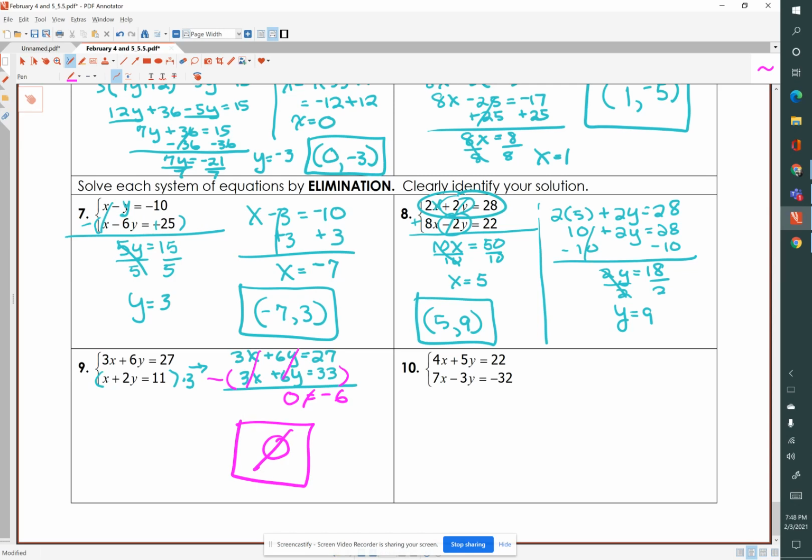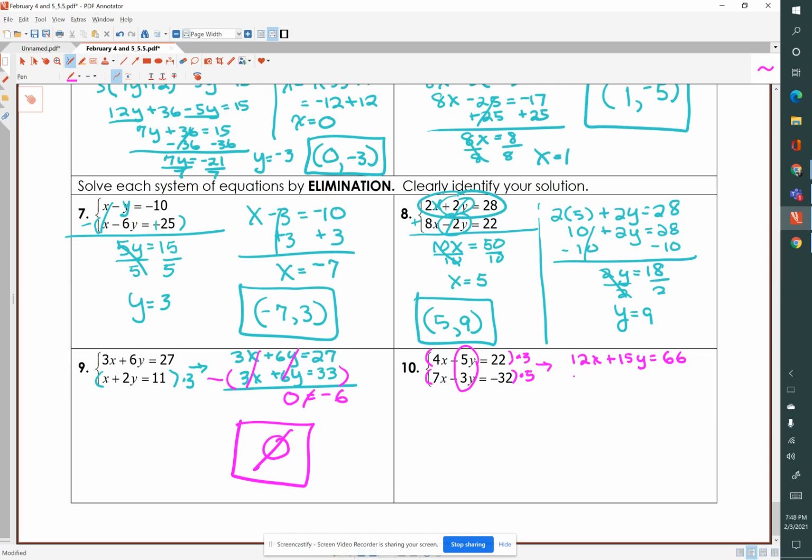And finally, the last problem. I've got a 4 and a 7 and a 5 and a 3. I think I'm going to work with the 5 and the 3, and the least common multiple of 5 and 3 is 15. So I'm going to go ahead and multiply the first equation times 3, and I'm going to multiply the second equation times 5. And when I do, that will give me 12x plus 15y equals 66.